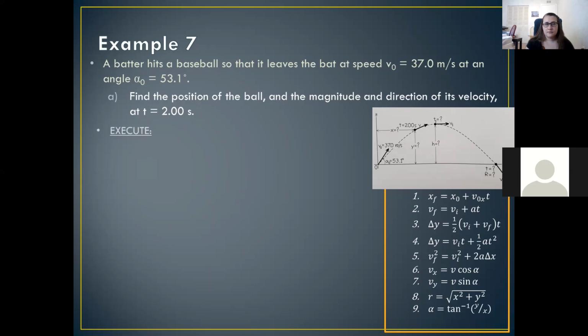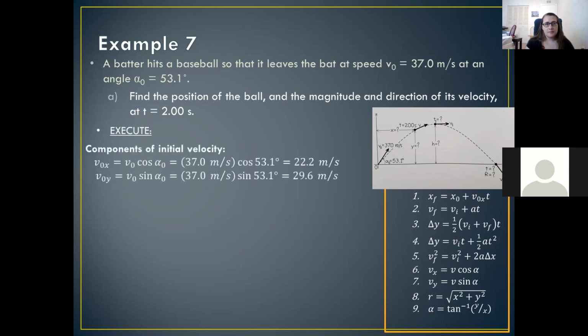Okay. So we're going to execute this problem. First, we have to find the components of the initial velocity, right? Because we can't just plug in initial velocity into our equations 1 through 5, since that initial velocity is at an angle. It contains some of both components, and x and y are not friends.